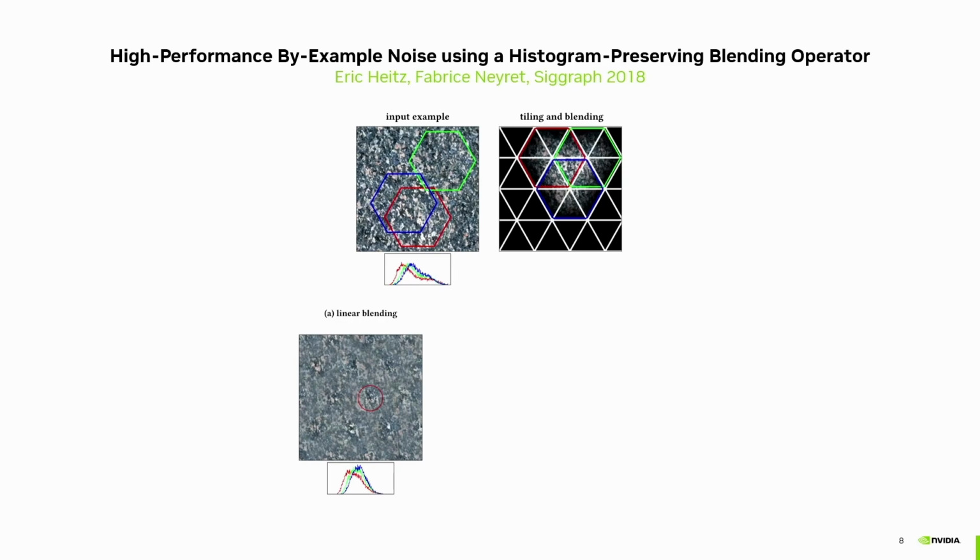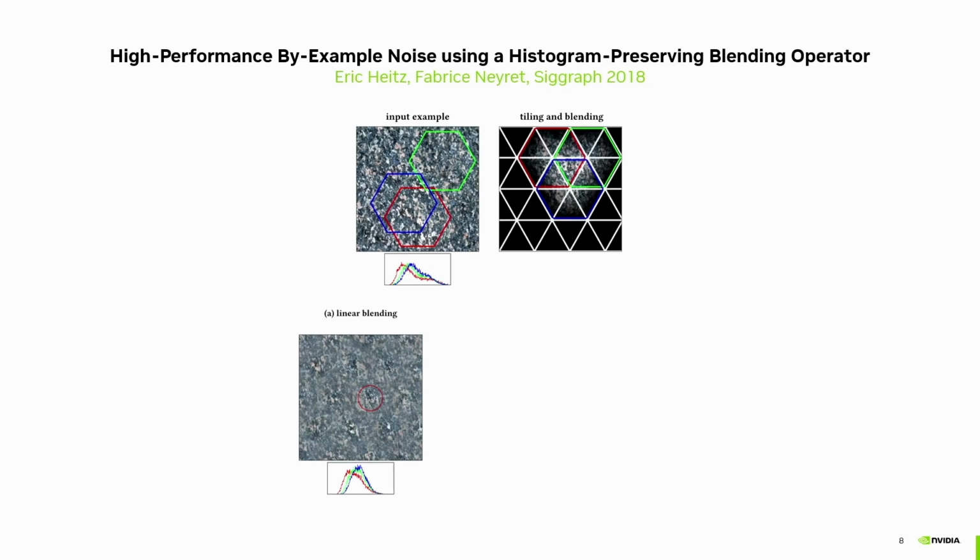Namely, High-Performance By-Example Noise using a Histogram-Preserving Blending Operator by Heitz and Neyret, I3D from SIGGRAPH 2018, where they propose a method to create kind of infinite varying texture from a single input example by picking random hexagonal crops from this input example, and then blending them on the hexagonal grid using, when those hexes overlap, barycentric coordinates.